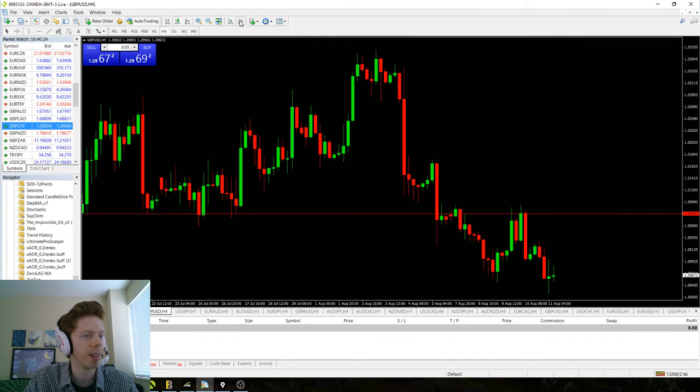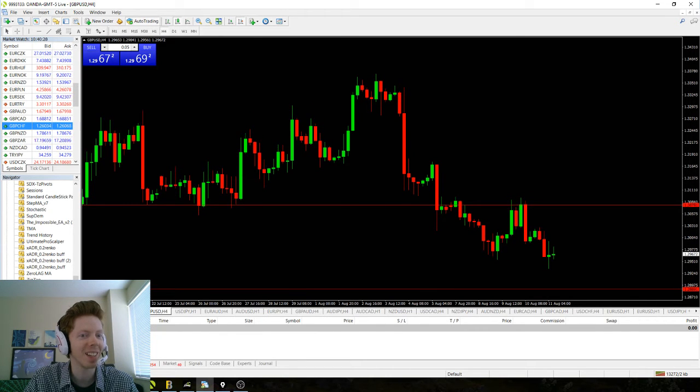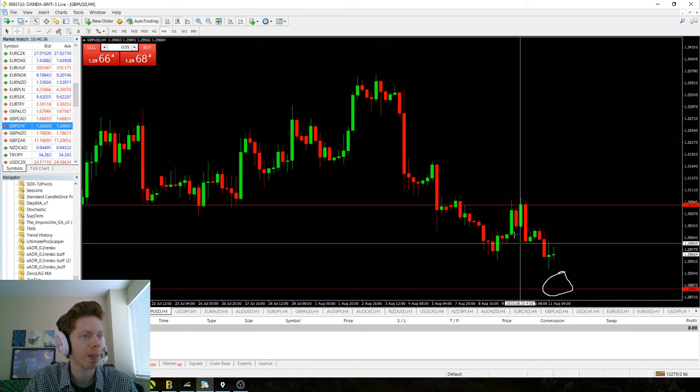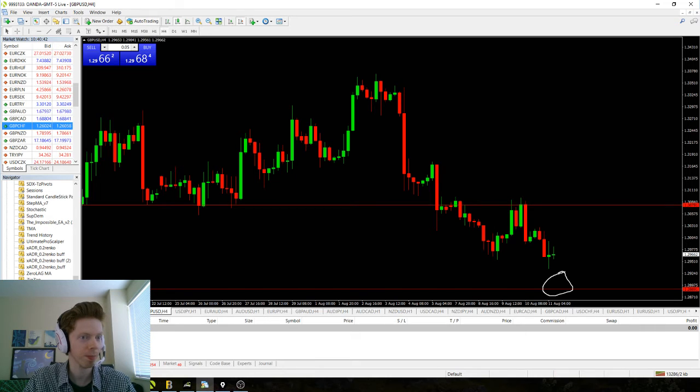Well, that's the last little level that I see. If it doesn't bounce at this level, I don't know what will happen next. There is a 186 pip difference between those levels. But this is pretty much the bottom line.